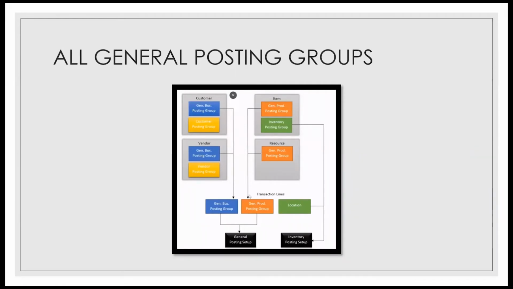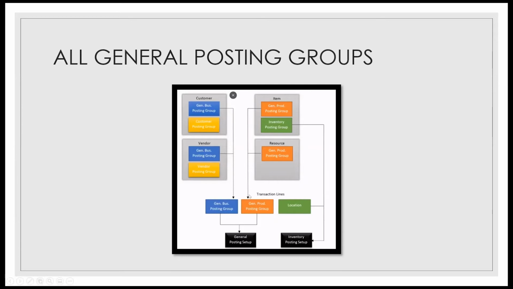We have a module for services. When we go with the customer and provide a service, we can assign either items or resources, people working, and they also sell, and they also have expenses, travel expenses, as an example.